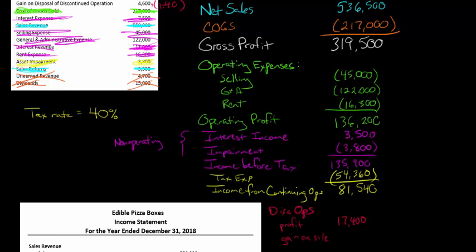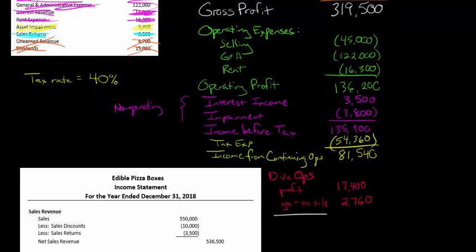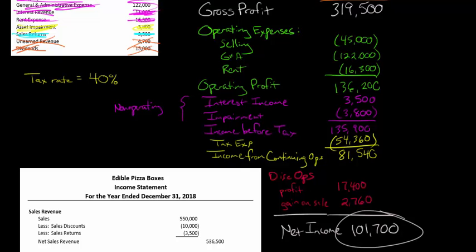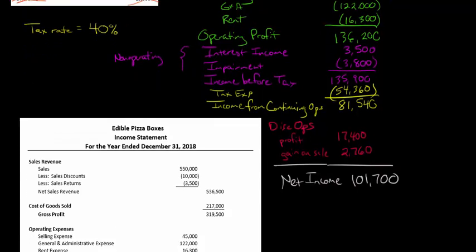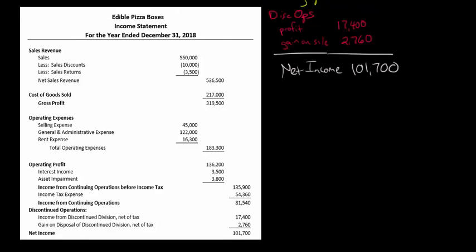The gain on the sale is $2,760, and then our net income, our grand finale net income, is going to be $101,700. So this firm had a profit for this period of $101,700. Now, I presented it here just so you can see it's a little cleaner than my handwriting.